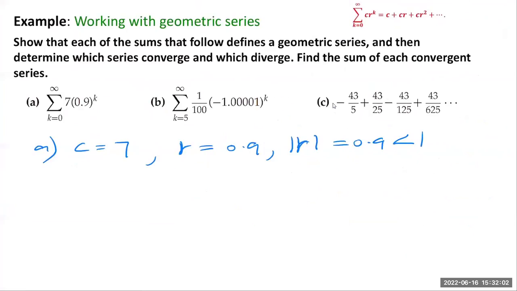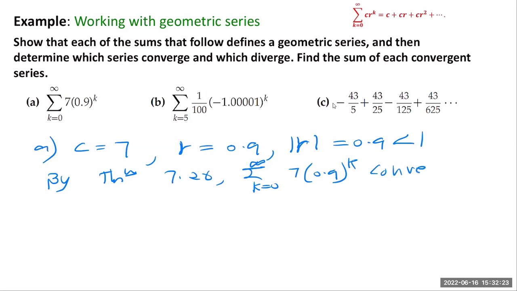By theorem 7.26, this given series, the sum from k equals 0 to infinity of 7 times 0.9 to the power k, converges to C over 1 minus R, which is 7 over 1 minus 0.9.